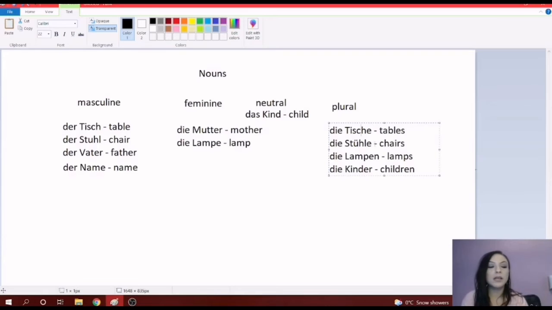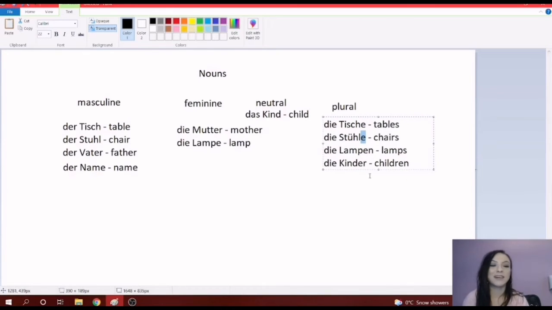For example, if the noun ends in E, you would add N for plural forms. And if it has a vowel, you'll usually put the umlaut, two dots, and add E, and something like that. But still, there are a lot of exceptions and other things.